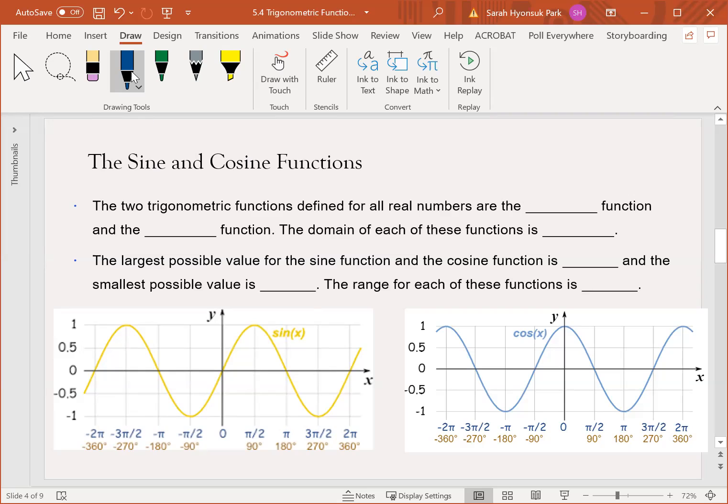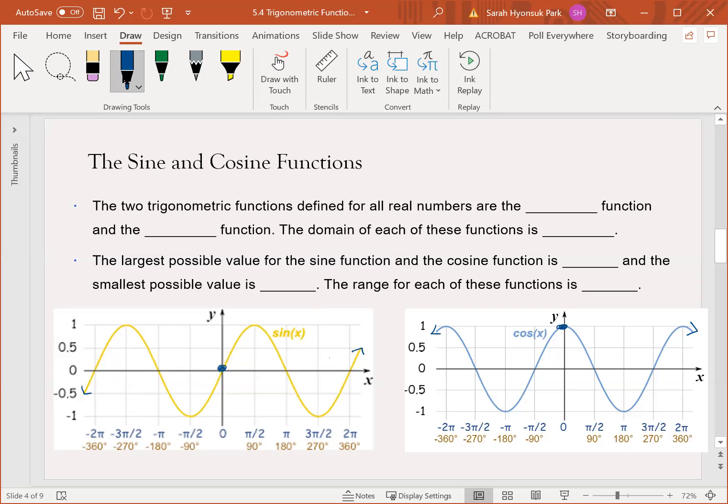If I were to continue this, the sine graph right here would keep going and going and going without any limits. It just continues to the right towards all the positive x values and continues left. And the same for cosine. They look very, very similar, except you see at 0, cosine starts up here and sine starts down here.